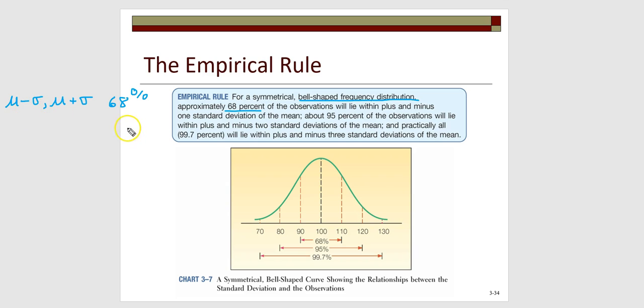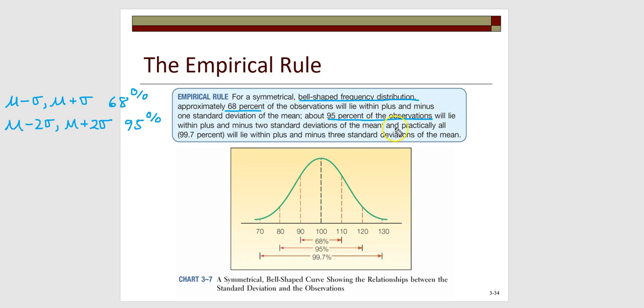Now, we also have that 95% of all the observations will lie within two standard deviations of the mean. So if you look at these two numbers, mu minus 2 sigma to mu plus 2 sigma, about 95% of all your data will be between these two numbers.